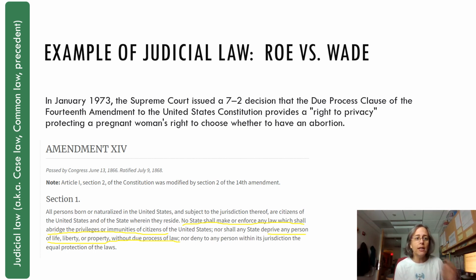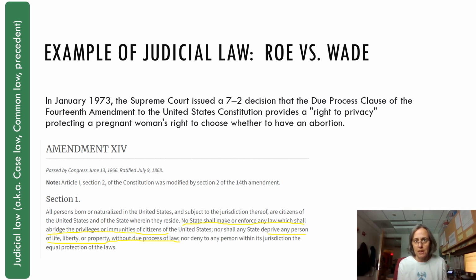So we have a long history of judicial law protecting rights that weren't spelled out specifically in the Constitution, right? They're often called unenumerated rights, because if something is enumerated, it's listed out. These are the inferred rights that I talked about earlier: you should be able to do what you want to do with yourself and your body and your life, as long as it's not hurting somebody else.